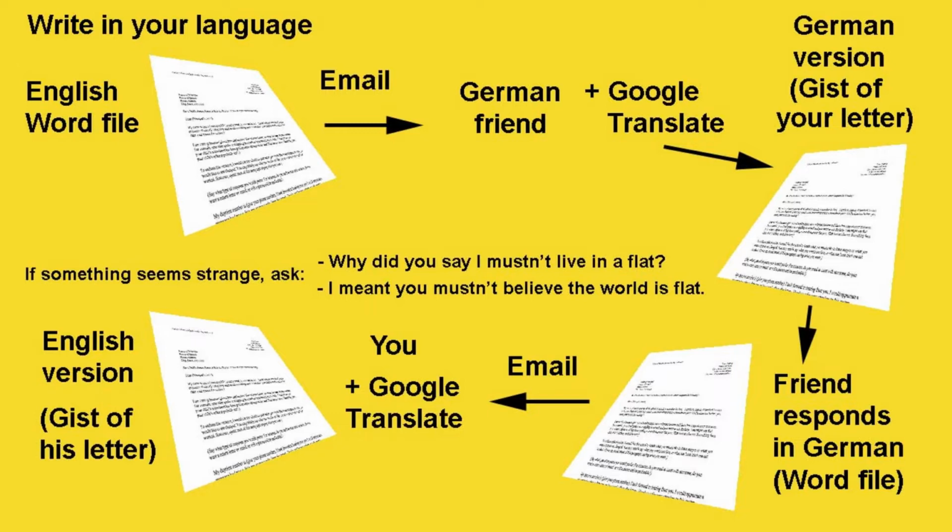Then the receiver answers in his own language, and you use Google Translate to get the gist of it. Don't refrain from verifying an important part of a message using different words or constructs to make sure details are right.